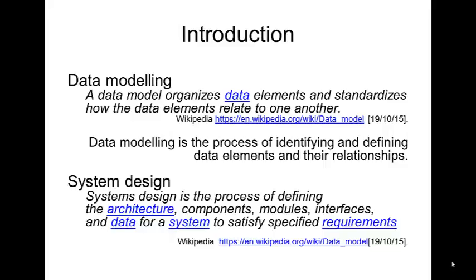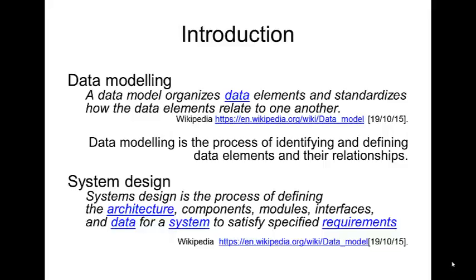So, data modelling is the process of organising data, the data elements, the elements in the data, and standardising what those elements are and how they relate to one another. It's the process of identifying and defining data elements and their relationships.